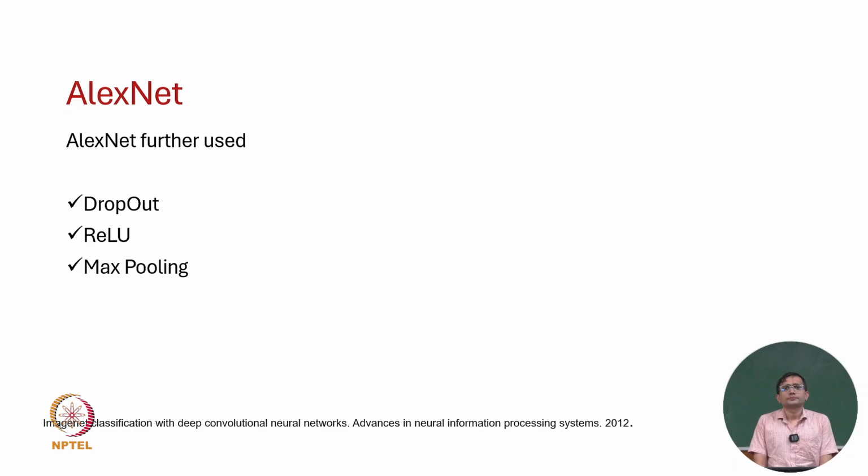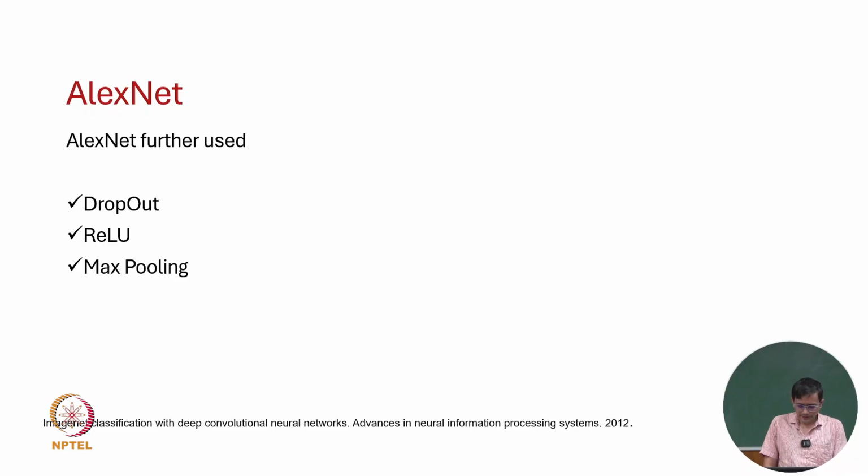AlexNet also used dropout, ReLU activation, and max pooling. So instead of a version of average pooling which was previously used in LeNet, it started using max pooling. We'll not discuss all of this in detail at this point.